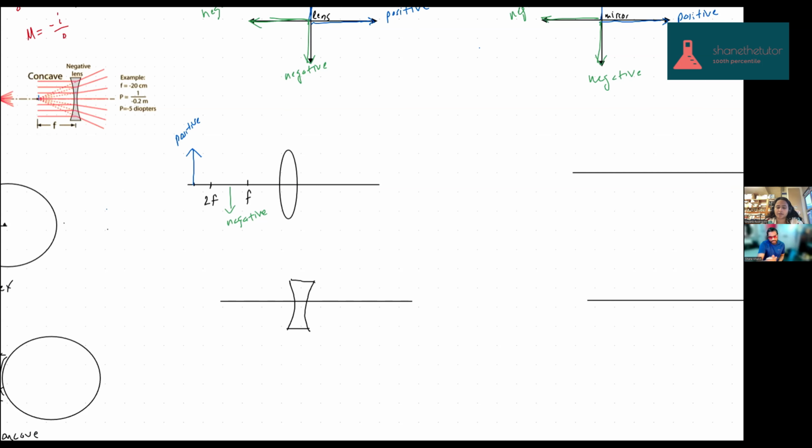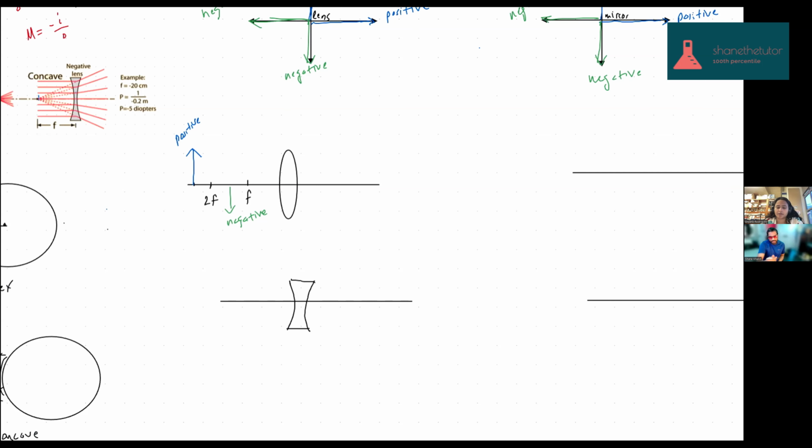Then you can see how it would reflect light based on that shape. I could draw it in terms of the light rays. For instance, it would bounce off like this, whereas here it will bounce off like that.